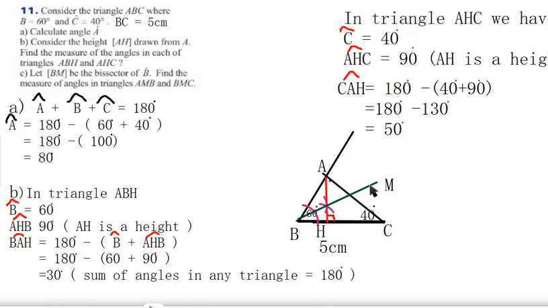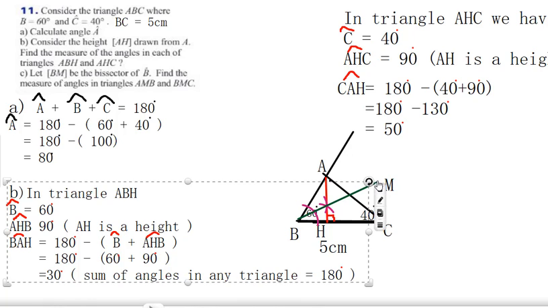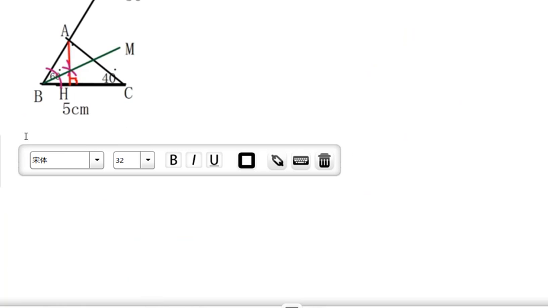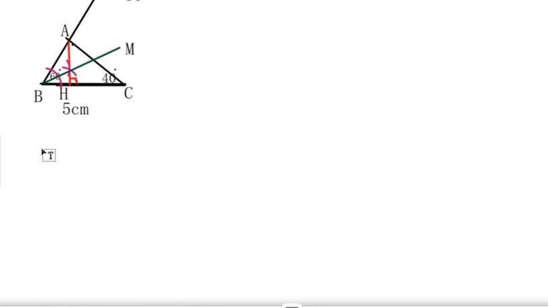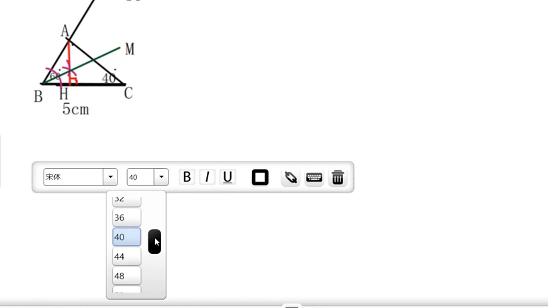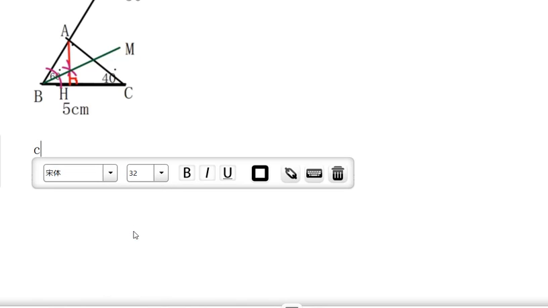Then they told me to find the measure of angles of triangles ABM and BMC. Okay, so let's start with part C, where I want to find the measure of angles of triangles ABM and BMC. So starting with triangle AMB.